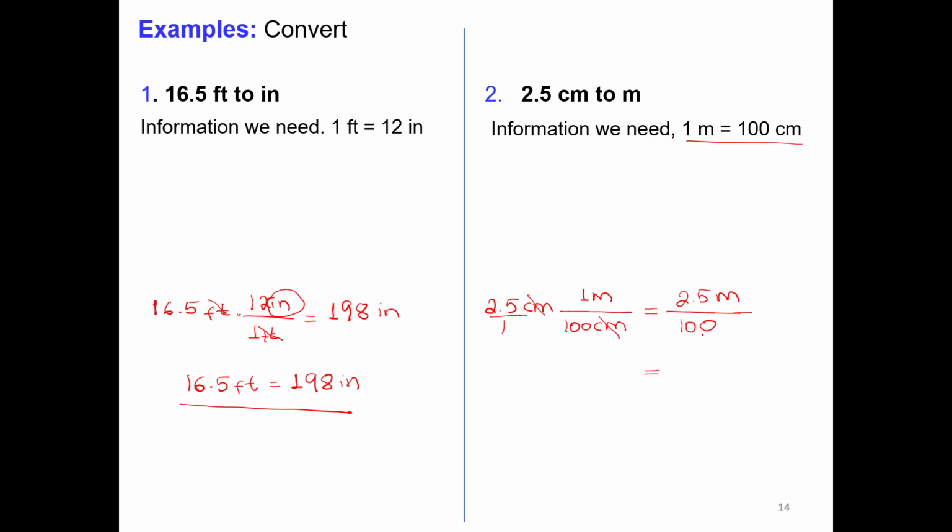Then 2.5 divided by 100 equals 0.025 meters. Now we can write 2.5 centimeters equals 0.025 meters. Here we can see we had 2 significant digits. We don't take into account the significant digits of the conversion factor.